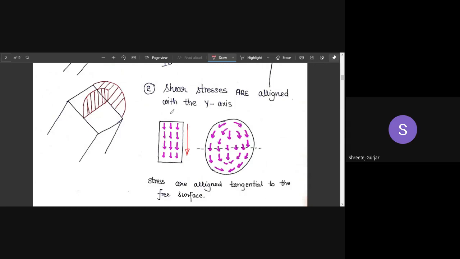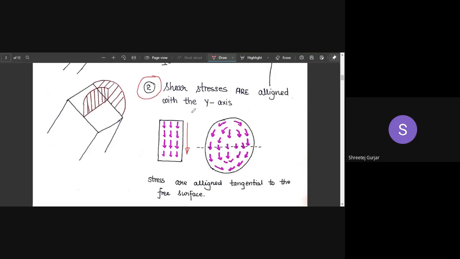You can see in a circular cross section, stresses are aligned tangentially to the free surface. But it is true only at the neutral axis. You can see at the neutral axis all the arrows are perpendicular to this neutral axis. Okay, so stresses being aligned with the y-axis is the second assumption which we make. Okay, so keep these two assumptions in mind.